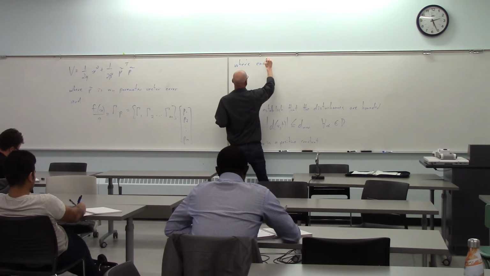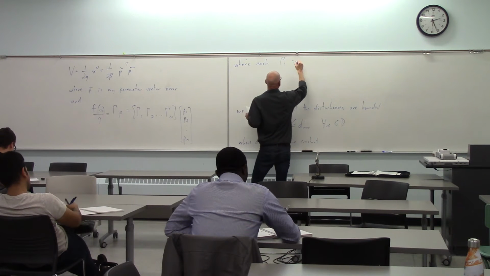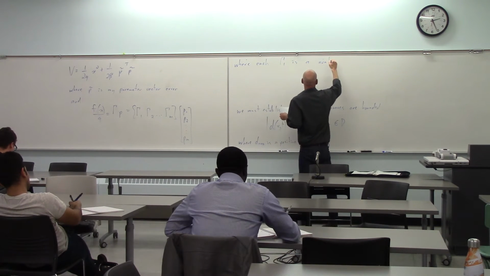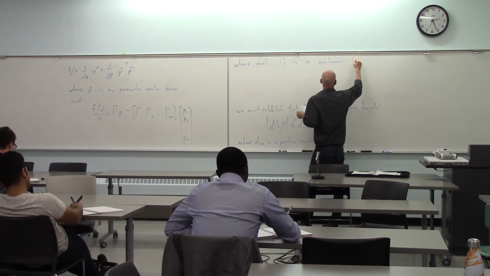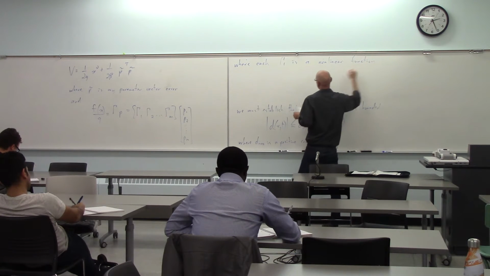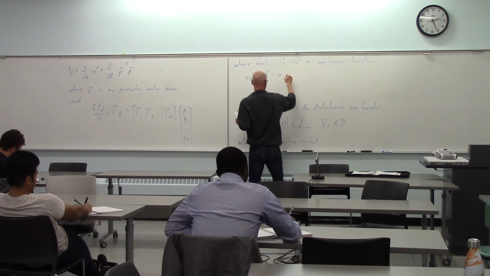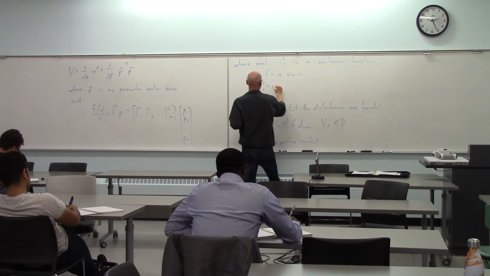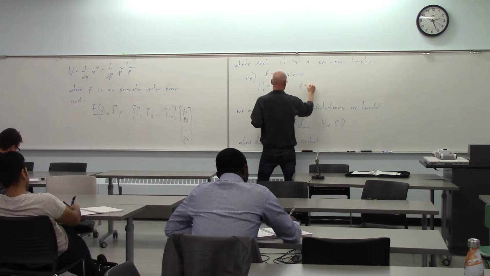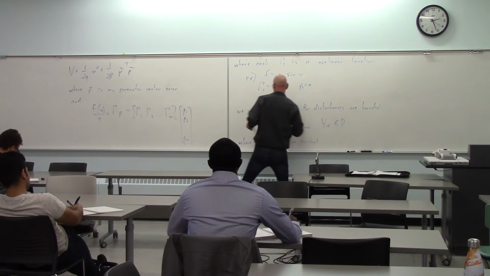Each gamma i is a nonlinear function. So for example, if I had f equals a sine x, then I'd have gamma 1 equals sine x, and I'd have p1 equal to a.